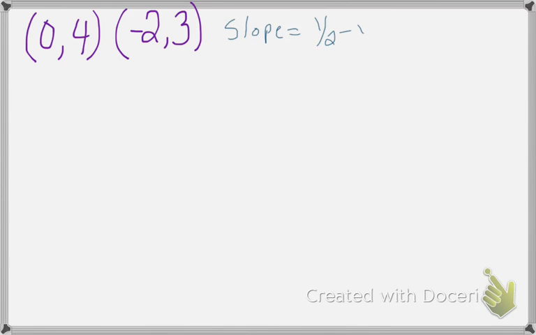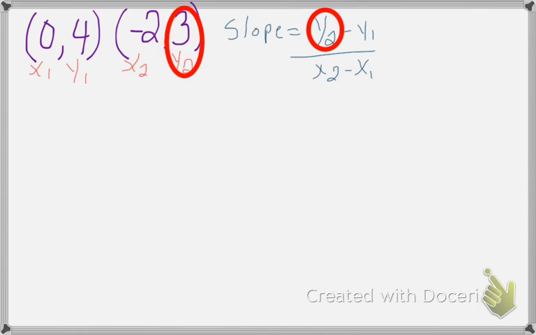y2 minus y1 over x2 minus x1. Let's go label. That's x1, y1. That's x2, y2. And we will substitute. Which one is y2? Right there, y2. So we put 3. Then you have to put a minus sign, because there's a minus sign right there.